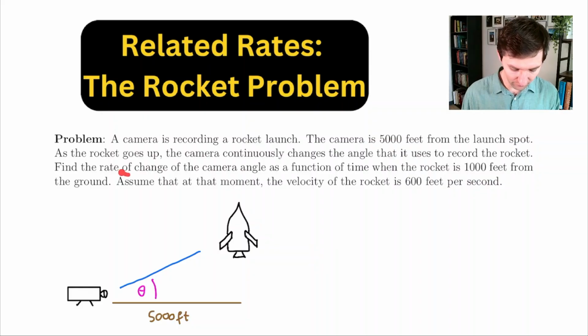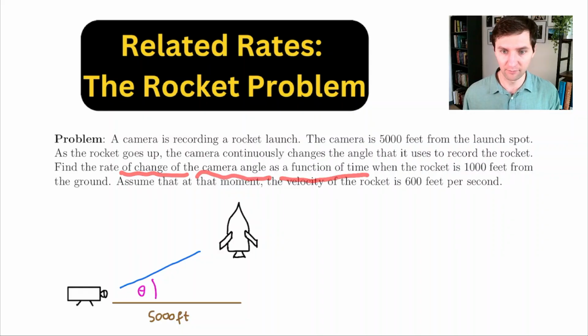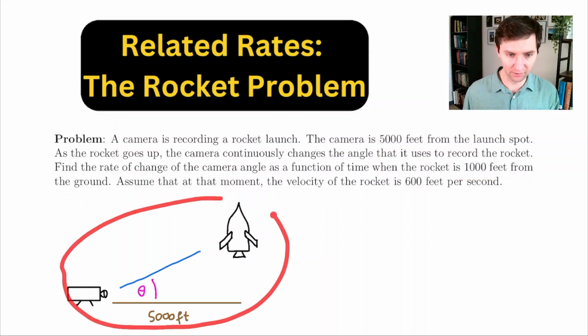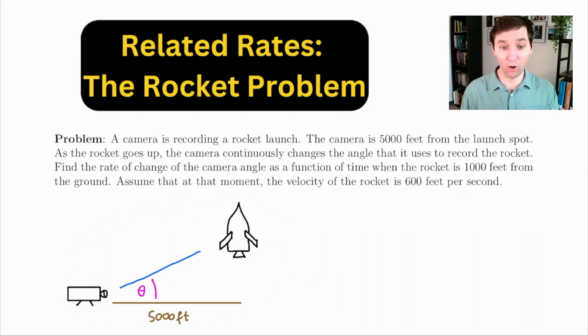We must find the rate of change of the camera angle as a function of time when the rocket is 1,000 feet from the ground. Because this is a general picture applicable to all moments in time, I will not add 1,000 here because that distance changes over time. I will give it a name. I will call it h.